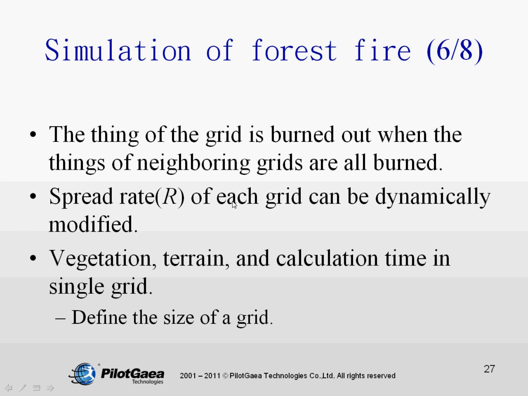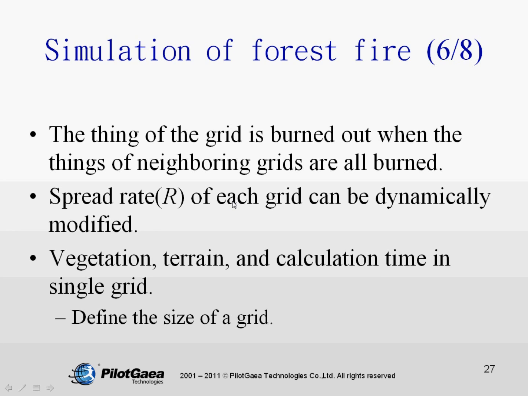Next, the system begins to do analysis and simulate the fire spread. In the beginning, user needs to define the size of a grid. For example, a grid with 15 multiplying by 15.